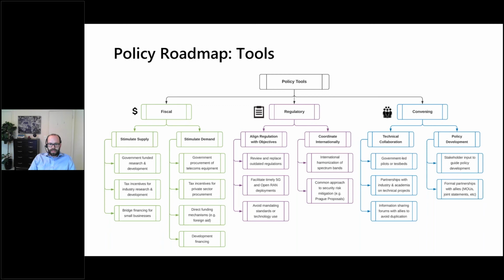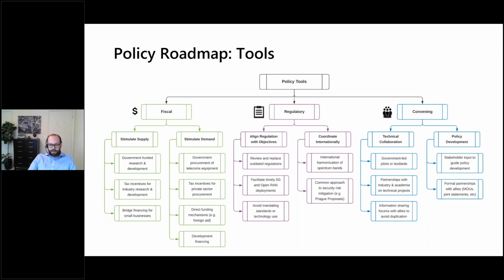In the international domain, looking to work with international partners on topics like the harmonization of spectrum bands and developing a common approach to security risk mitigation. Ultimately, this is going to be a truly global market, and we want to make sure that steps taken by one government are in sync with steps taken by others.